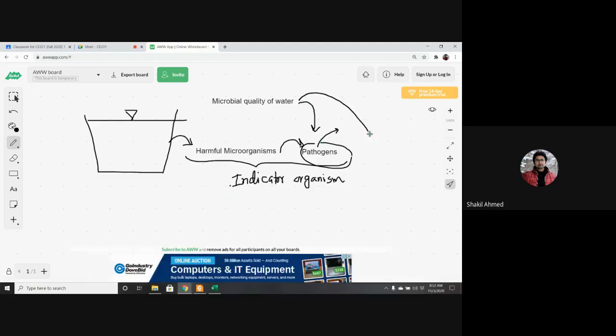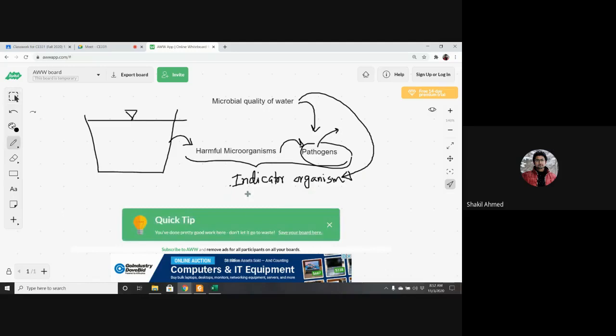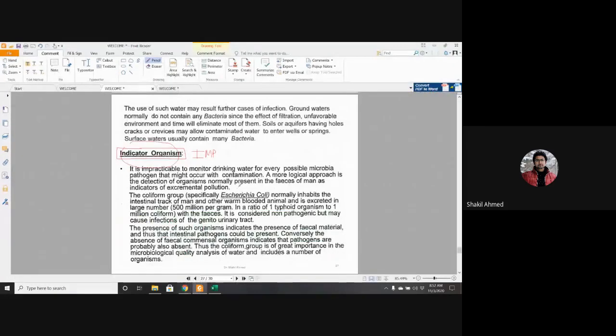We check it by checking an indicator organism, and specifically E. coli bacteria. We check for E. coli bacteria.